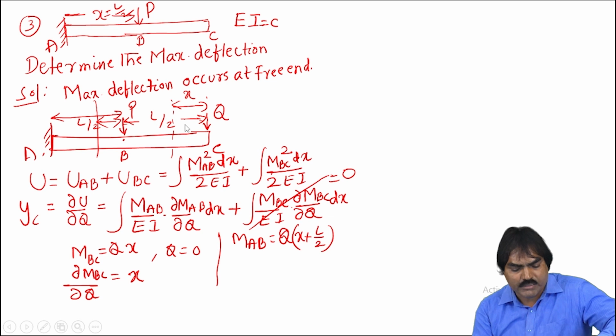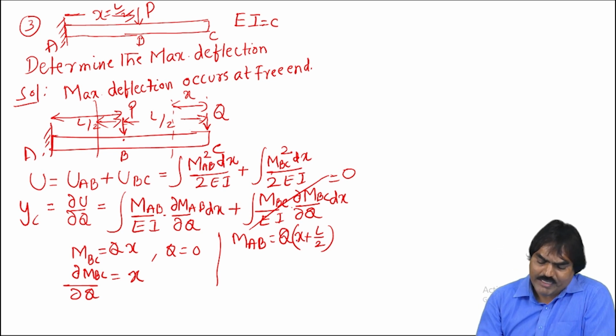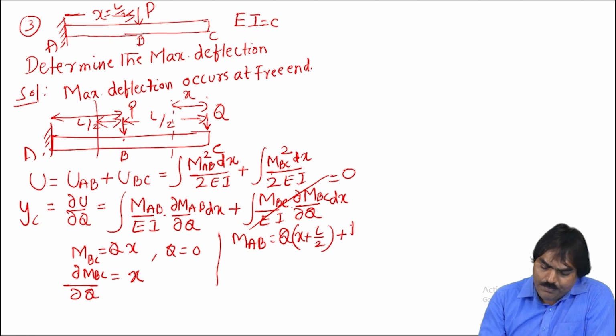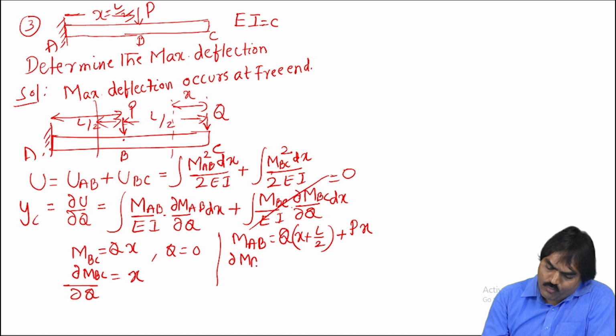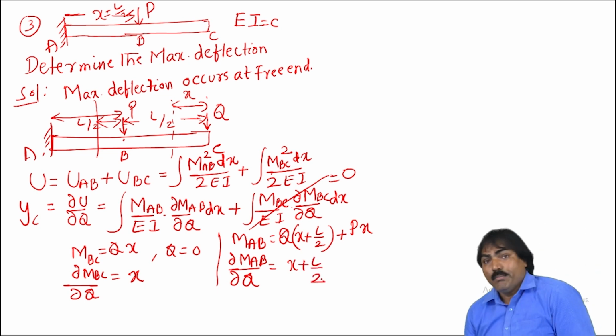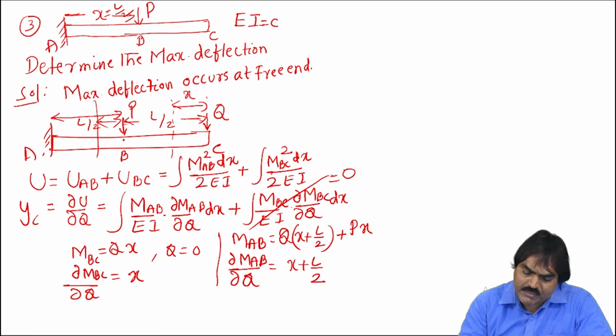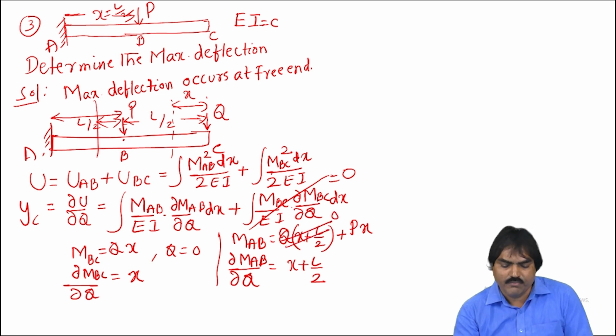This is L by 2, this is X. Q into X plus P into X. Then dou MAB by dou Q, how much does it become? X plus L by 2. But actually Q is a dummy load. So what happens? This term will be 0. Okay. This term will be 0.